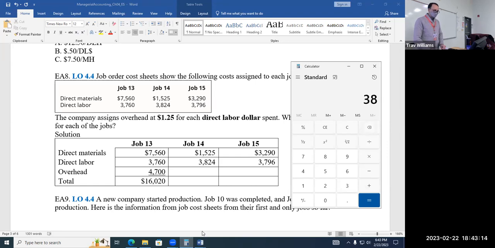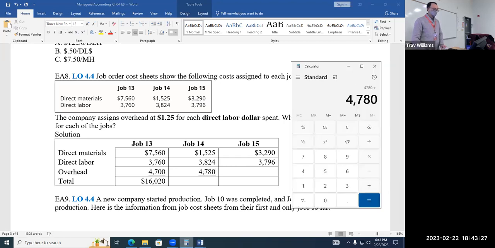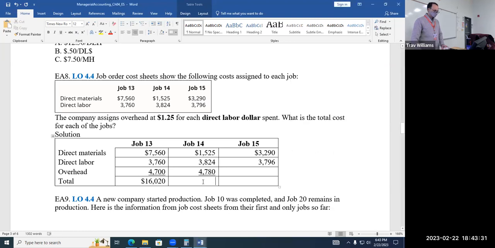And we can just do the same thing. We take job 14's direct labor times 1.25 to get our overhead. We add it all up. And one more time for job 15.